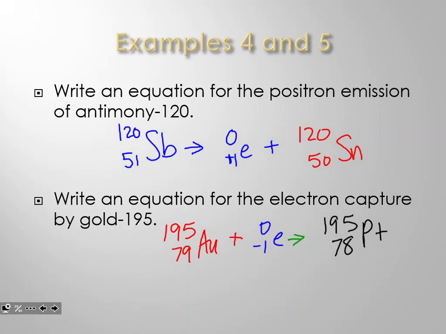So if it does tell you, say, this particular atom undergoes alpha decay and also gives off a gamma ray, then you would write both in. If it doesn't tell you to do that, then you keep it off, okay? So you don't automatically just stick in gamma rays. You have to see if it tells you to put them in there, okay?